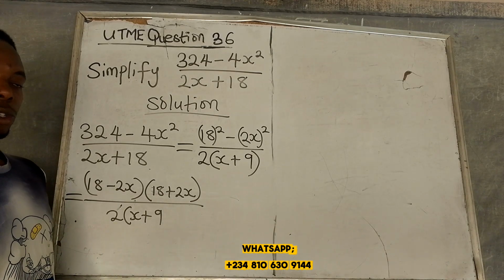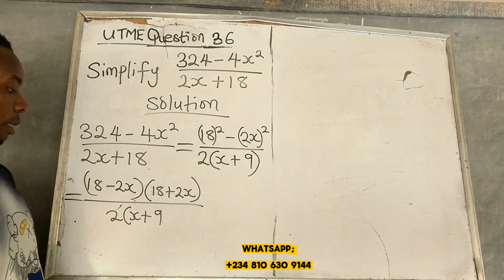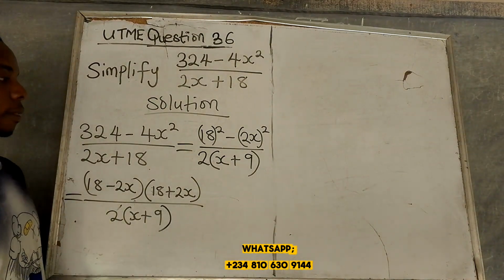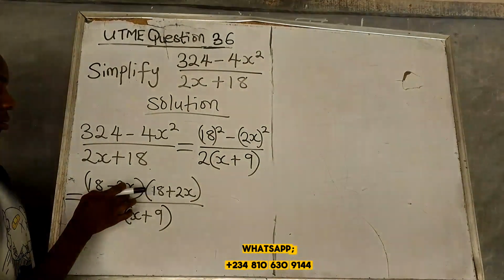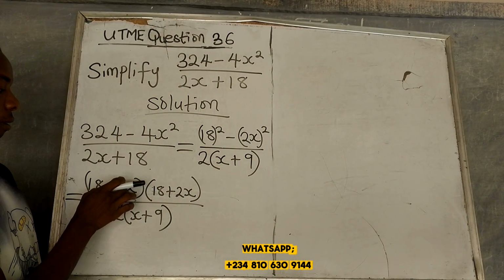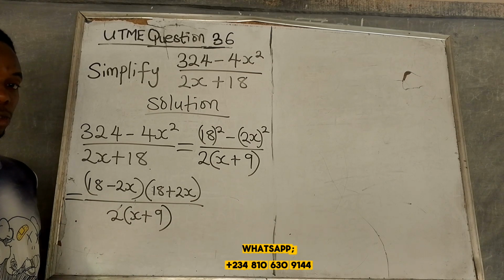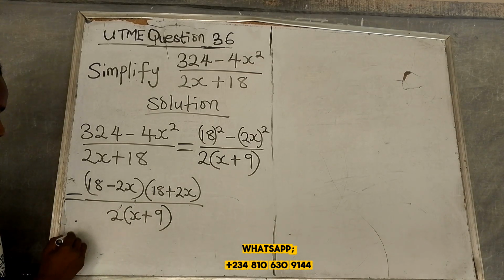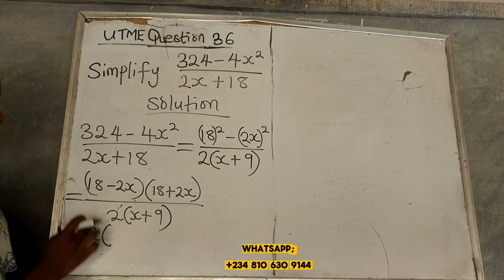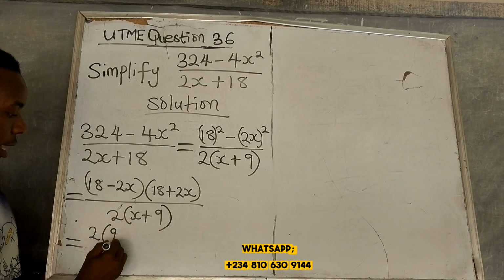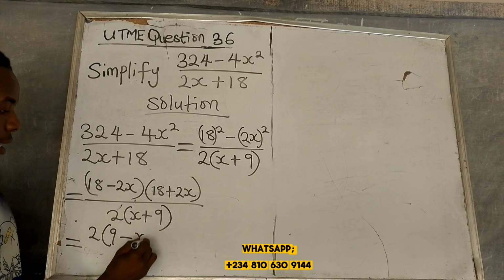Now, if you look at the numerator, it can still be simplified to its smallest term. How do you bring it down? You find the factors of this term and this term. If you look at it very well, you find that it's 2. So the numerator now will be 2(9 minus x), since 18 divided by 2 is 9 and 2x divided by 2 is x.